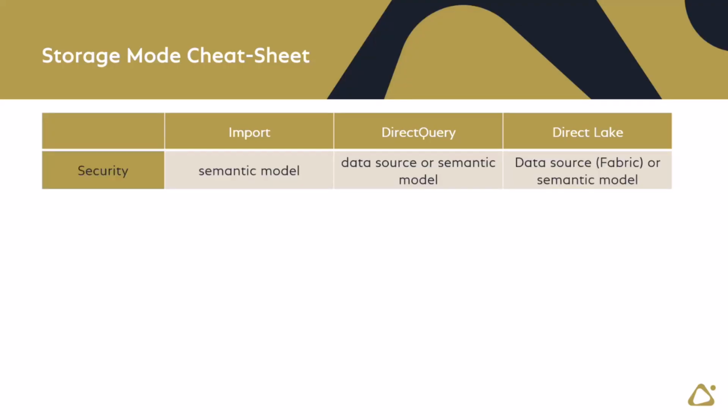Security-wise, the main difference is that you are able to leverage your data source security in DirectQuery and in DirectLake. Of course, in DirectLake, that is defined in Fabric, not really what's defined on your base source. But you can use semantic model row-level security in all three of the storage modes.